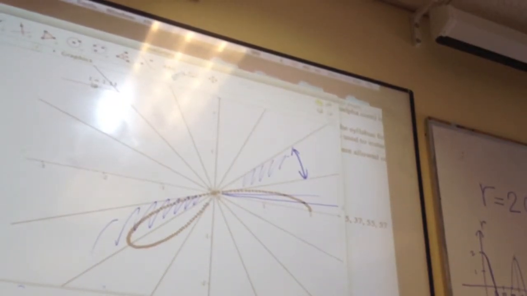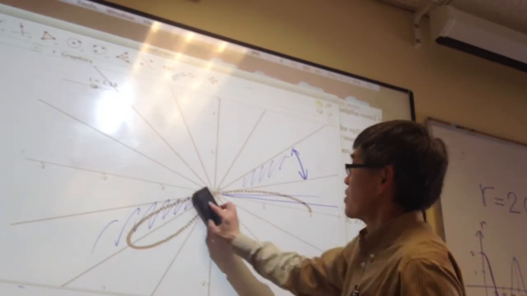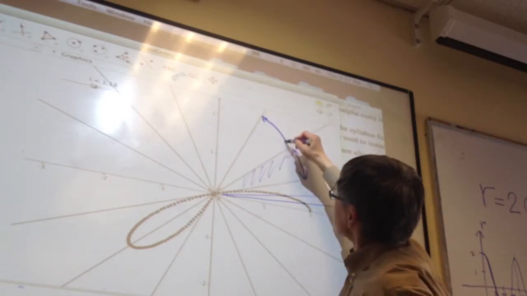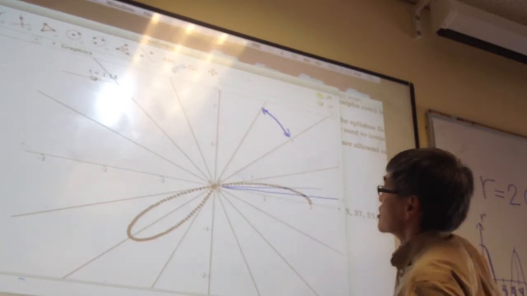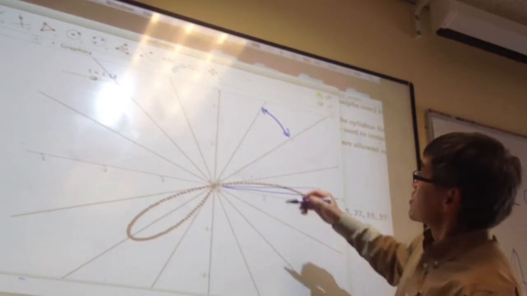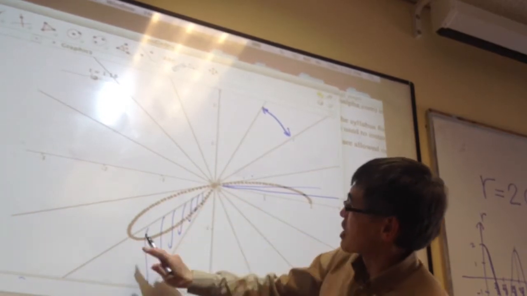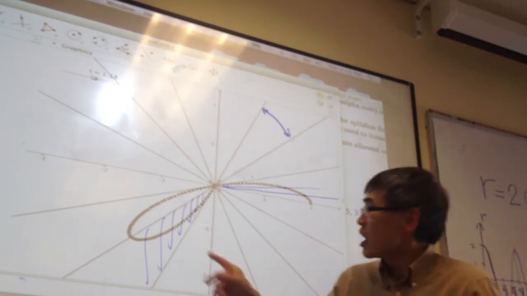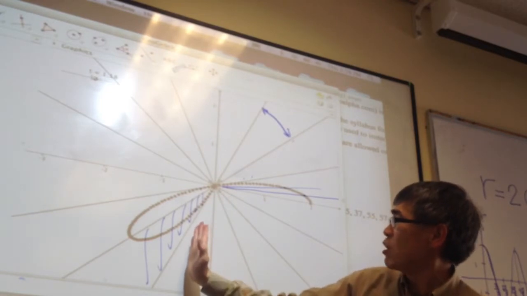So for this part of the journey, from here back to the origin, theta is in this sector, but r is negative, so you should look at the opposite sector here. That will be this region. That's exactly where the point is located.